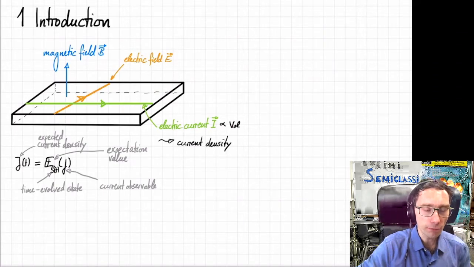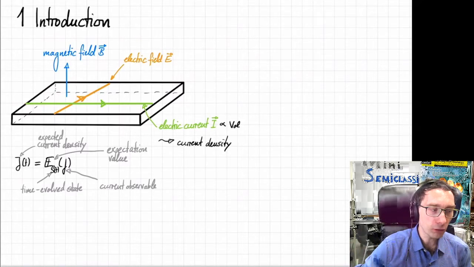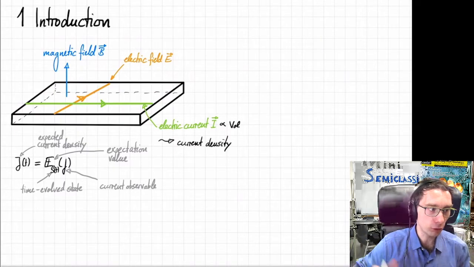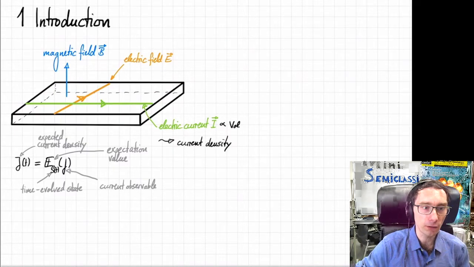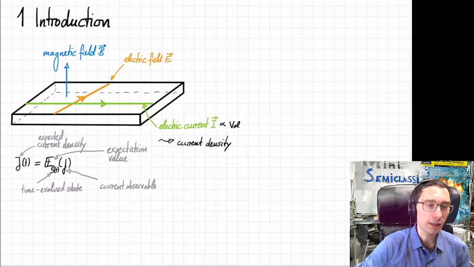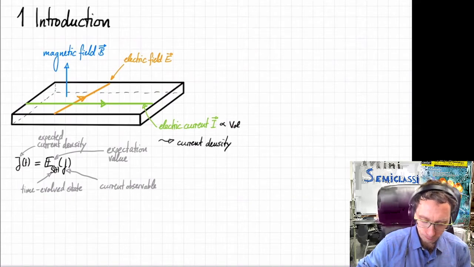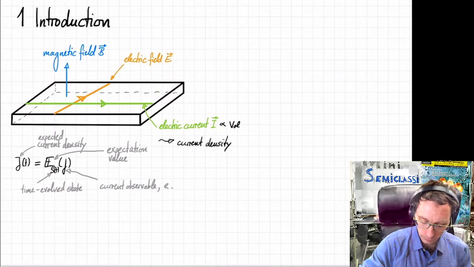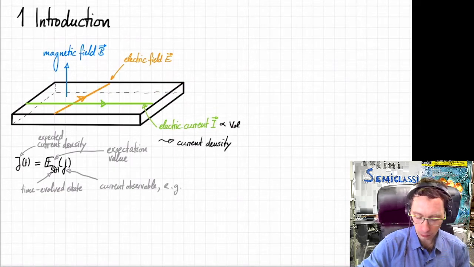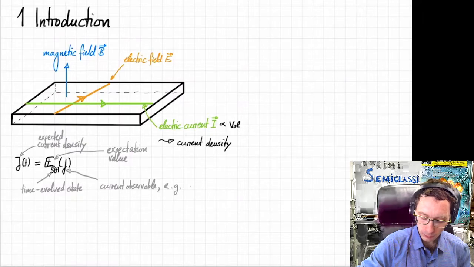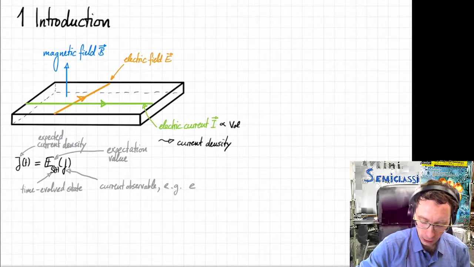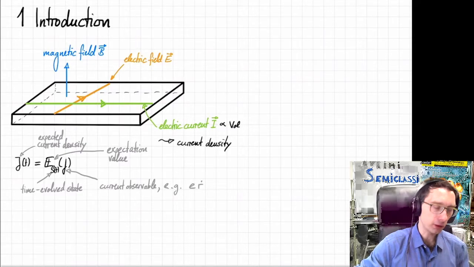I'm being intentionally vague here. The expectation value could be a classical expectation value, or it could be a quantum expectation value. For example, if we were to use a quantum mechanical description, the appropriate expectation value here would be the so-called trace per unit volume. And in a classical description, the current observable would be the elementary charge, e, times the velocity.